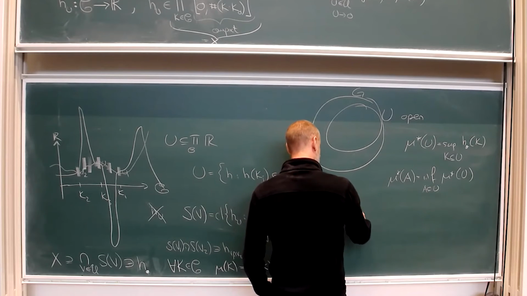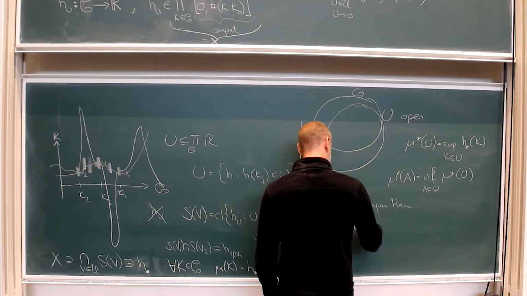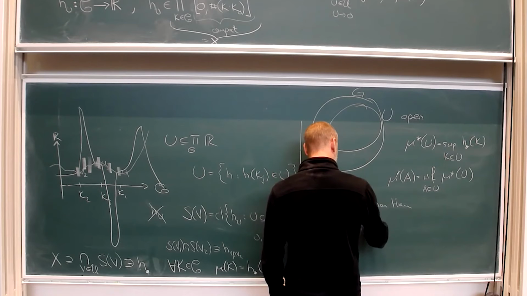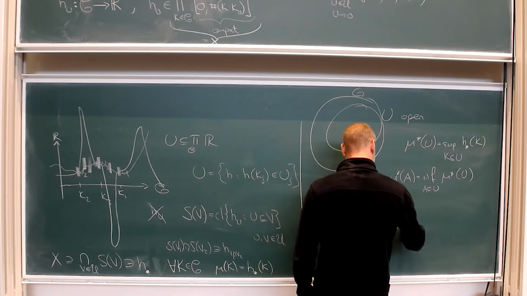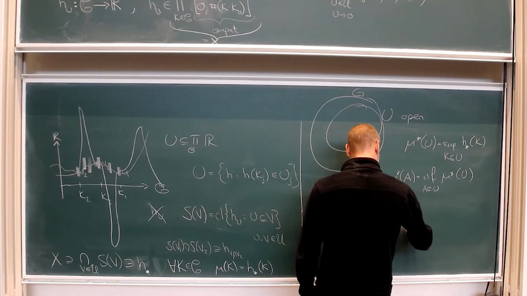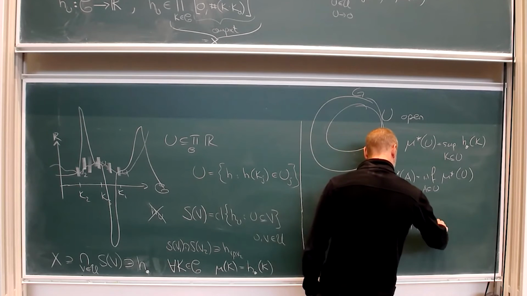And then at the end of the day, we need to verify that if V is open, then it is measurable. So mu star of V is equal to mu star of V intersection V plus mu star of V intersection V complement.